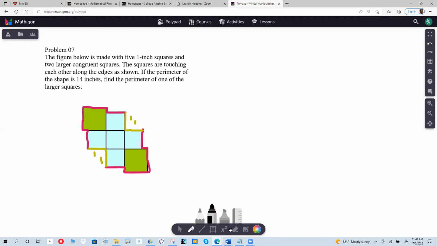P stands for the perimeter. This is P, and so is this. What's my equation? P plus P is 2P, plus, don't forget the ones here, 1, 1, 1, 1 is 4. This accounts for all the edges around my shape, and according to the question, this is 14. The perimeter of this whole shape is 14.